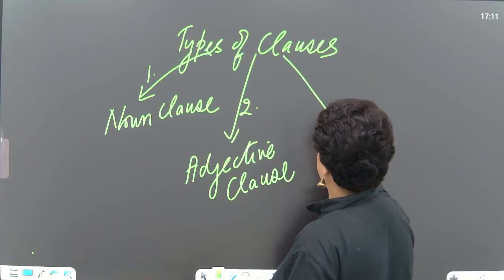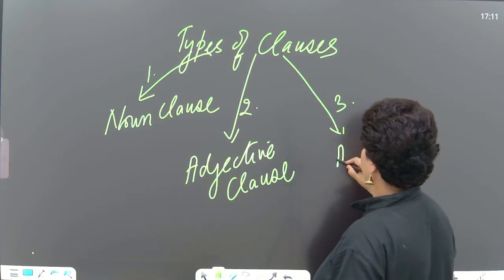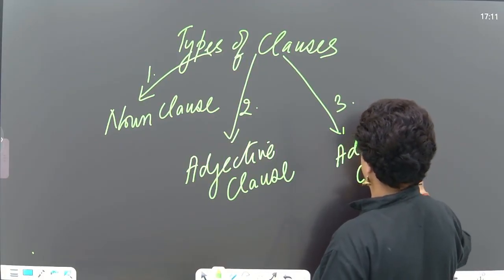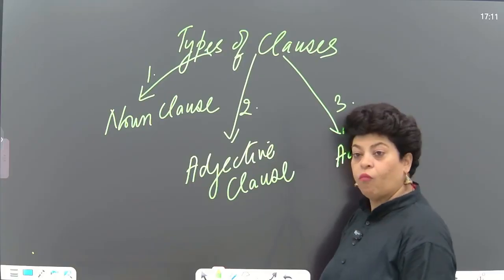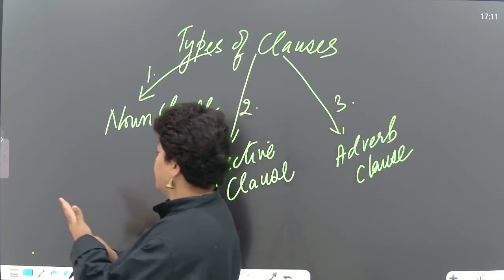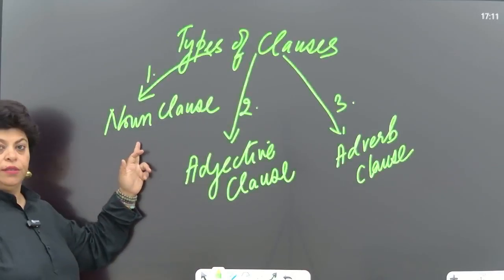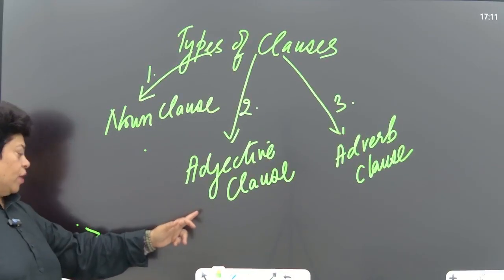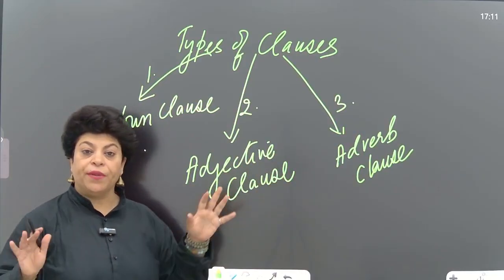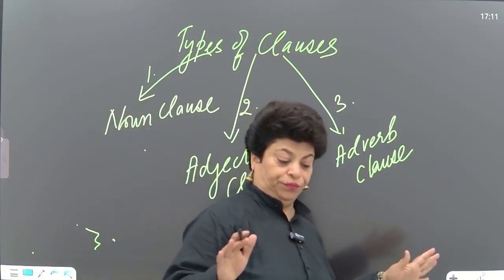Our next says we have adverb clause. Three clauses. Again, I would like to repeat. One is noun clause, then we have adjective clause, and third we have adverb clause. That means that is quite clear.